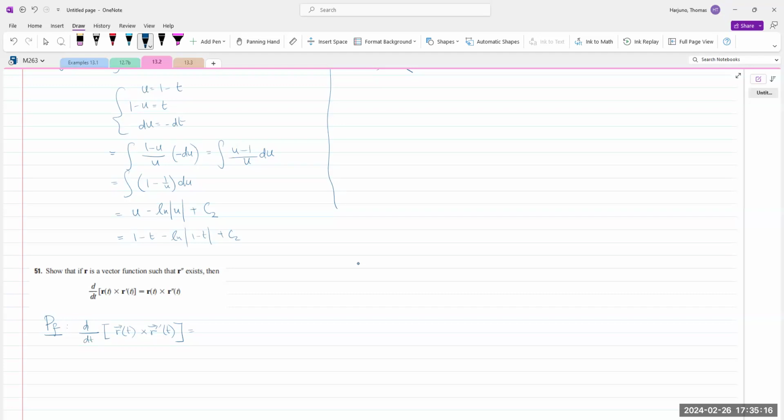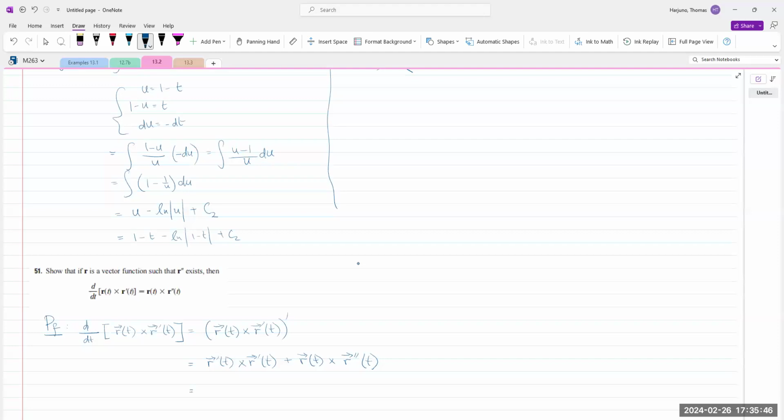In other words, what is the derivative of r(t) cross r'(t), but I use prime notation. Okay, now according to the product rule of cross product, this is r'(t) cross r'(t) plus r(t) cross r''(t), the double prime.